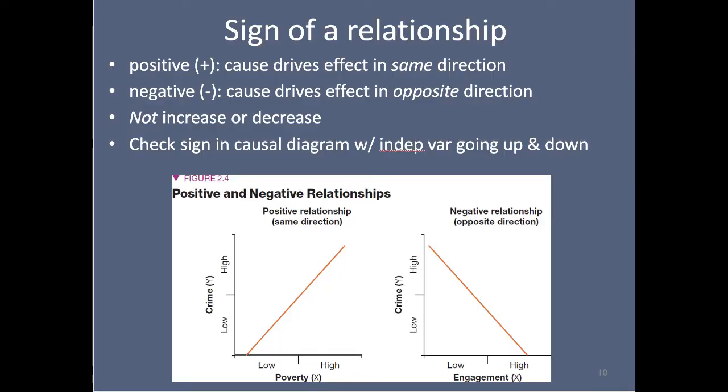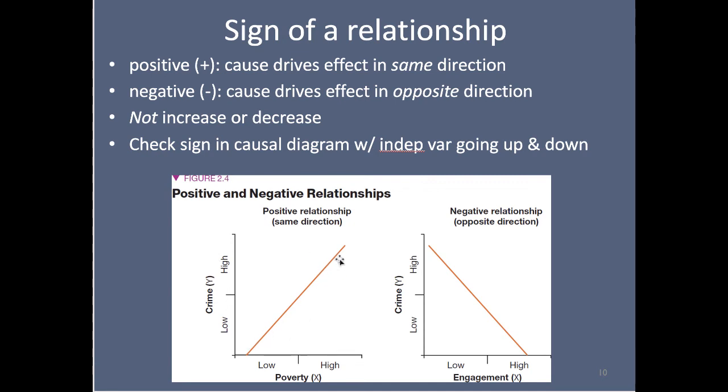So the signs we were just talking about are signs in the model, the theory of what causes what. But causal relationships result in correlations or relationships in the data. So in this one, we would expect to see that a higher poverty area would be a higher crime area.